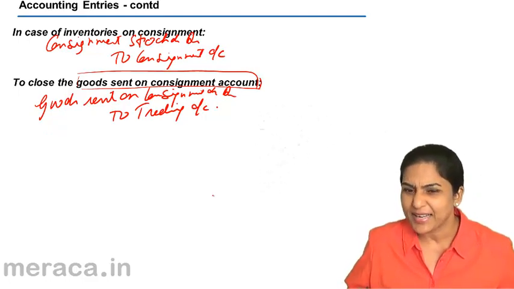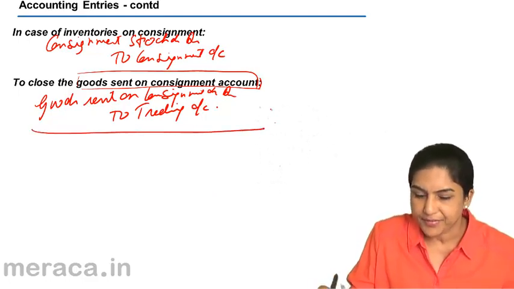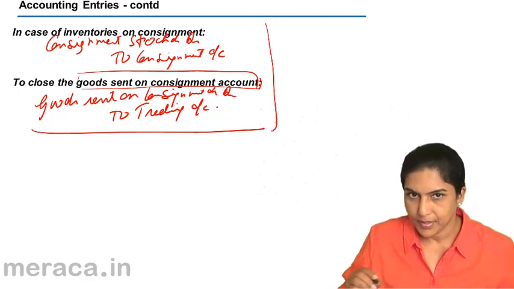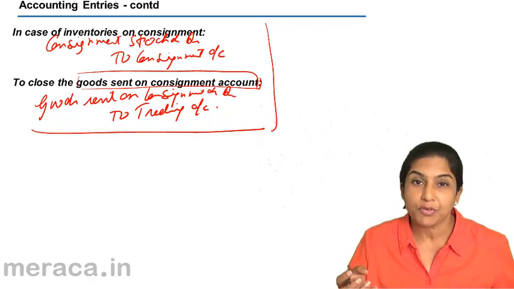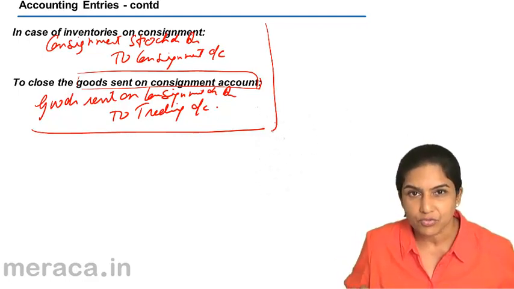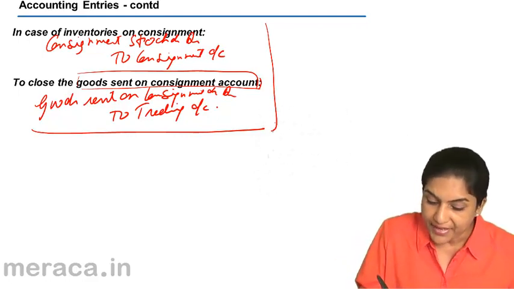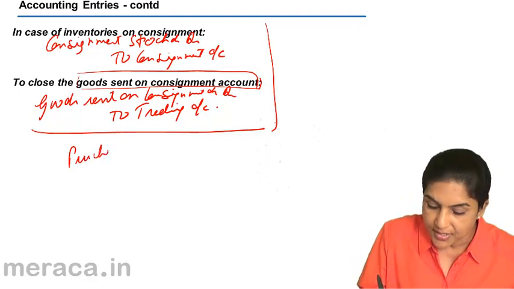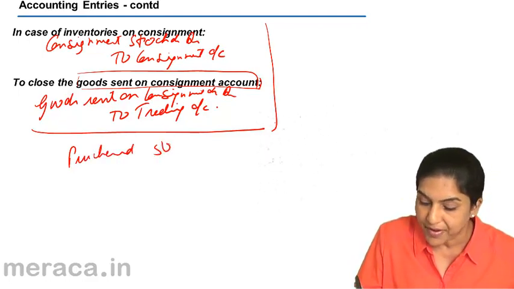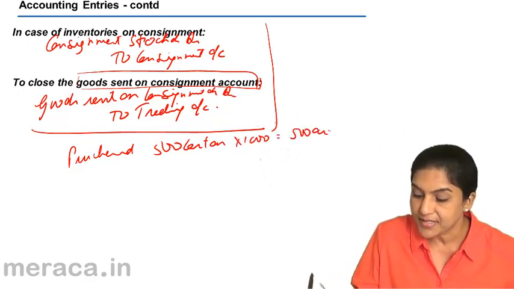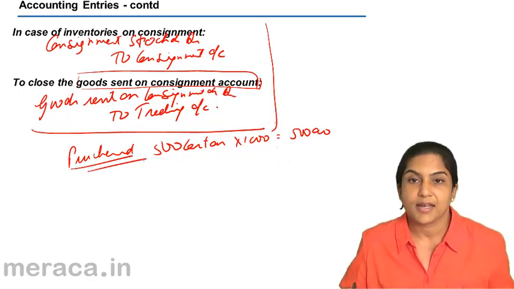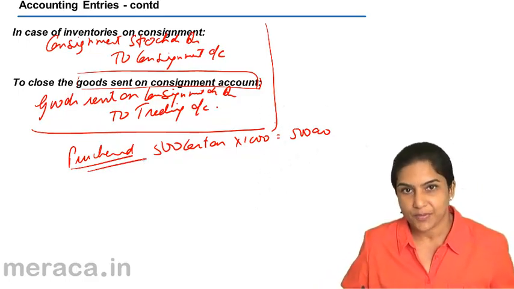Why do you think we credit the trading account here? You must understand. Let us take the example of Mukta sending 100 cartons to Kanta. Mukta might have purchased not just 100 cartons, maybe 500 cartons, at 2000 each, whatever, rupees 5 lakh. This is Mukta's purchases.